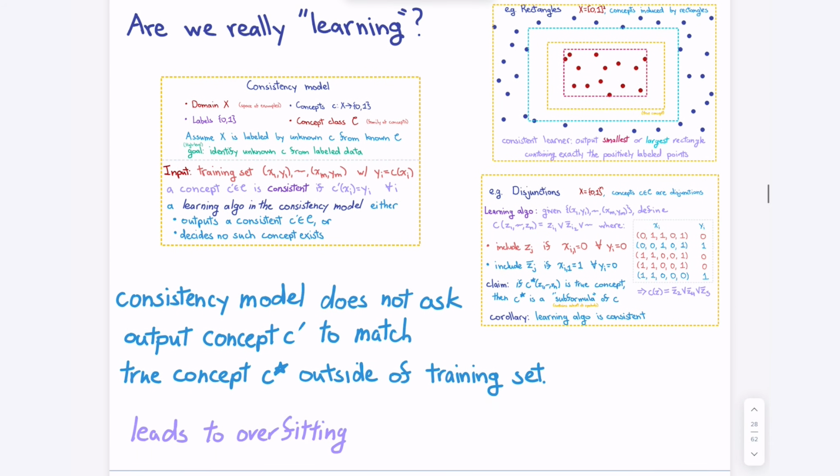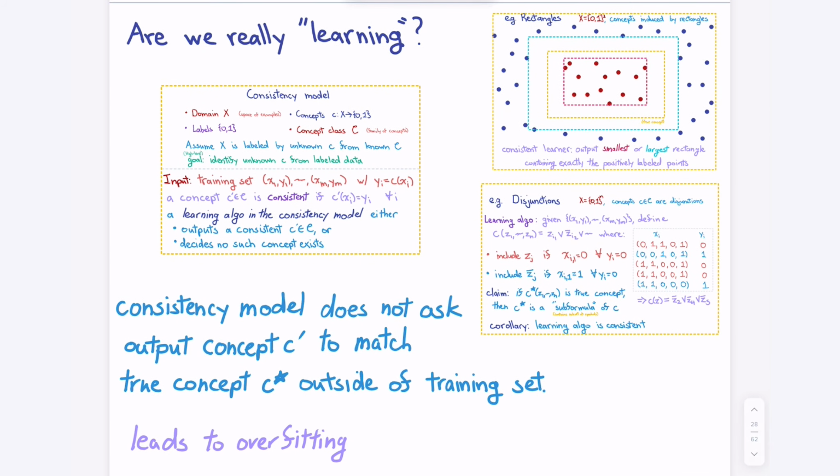So here's the point though. This consistency model, which had just been a clever combinatorial geometric problem, doesn't say anything about whether your concept class C prime has anything to do with the true concept class C star, right? Especially outside of the training set.